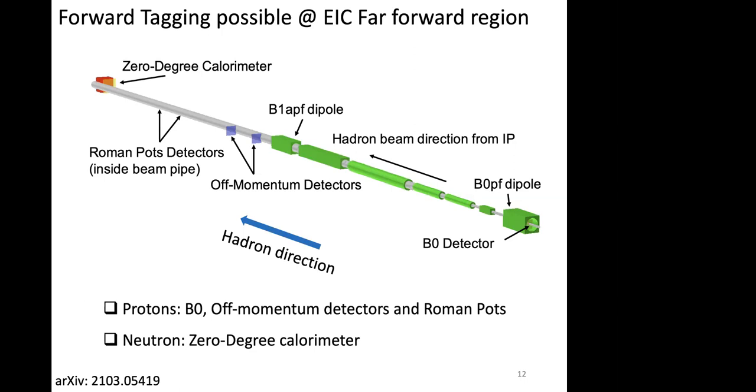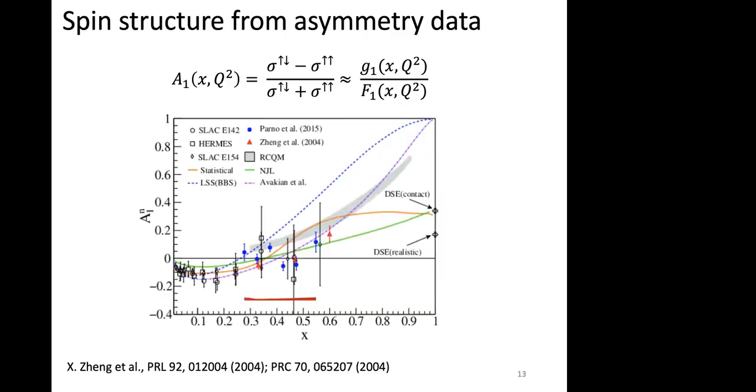In order to study the neutron spin, one of the observables we can use is called the A1 asymmetry, which can give us access to the g1 function, the polarized structure function. The A1 asymmetry here is the ratio of the difference to the sum of the cross sections in which the spins of the electron and the target are anti-parallel or parallel together.